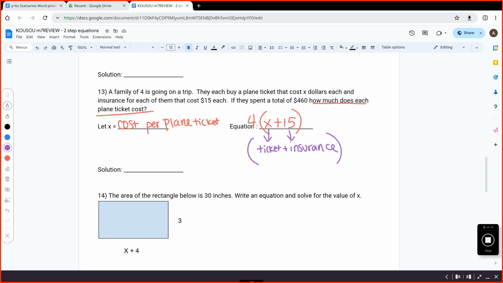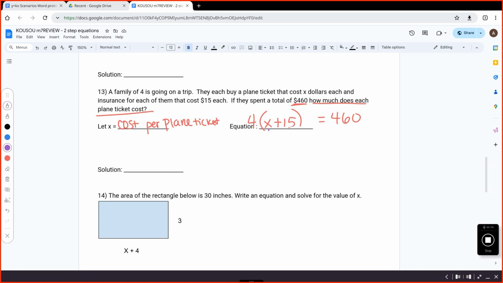And we're multiplying that by the 4 people. All right, and that'll get us our total of $460, right? They spent a total of $460. So this would be the total. All right, so that's where everything came from. And now let's start solving.